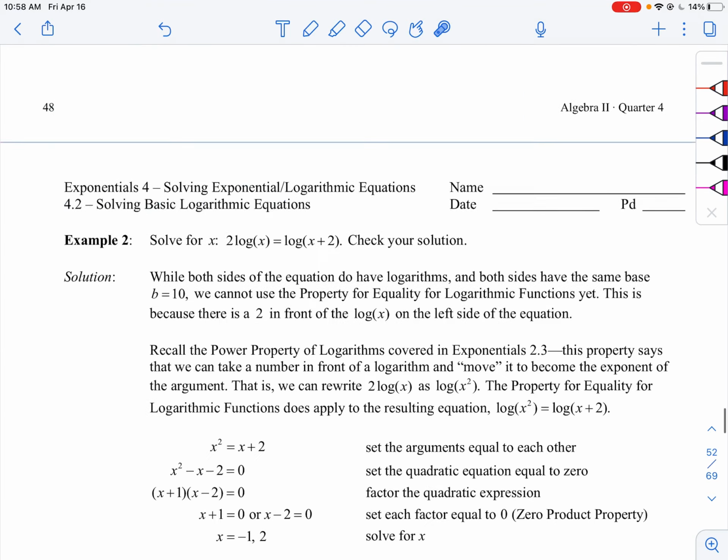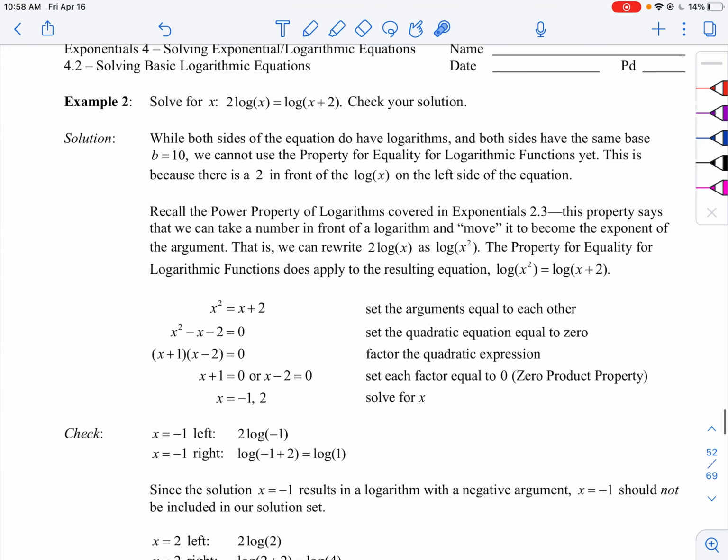Okay, hopefully that wasn't difficult. Before I go to the next example, I would like to read this part over here. Let me highlight this. Okay. Recall the power property of log covered in exponentials 2.3. This property says that we can take a number in front of a log and move it to become the exponent of the argument.